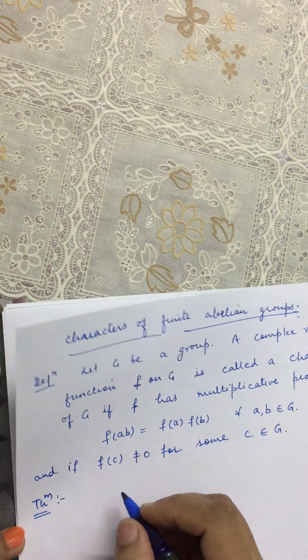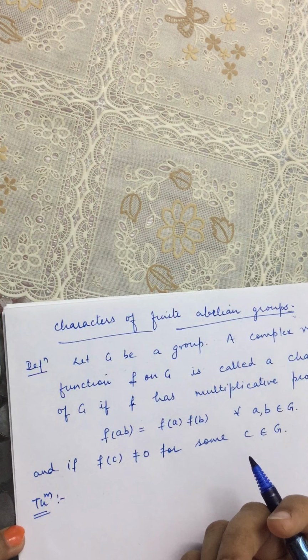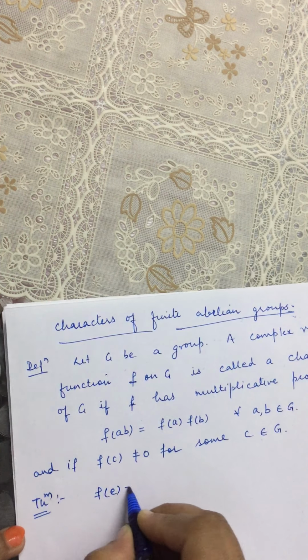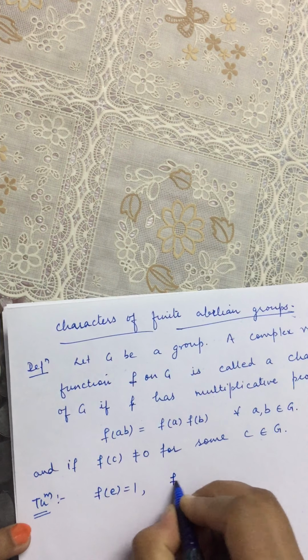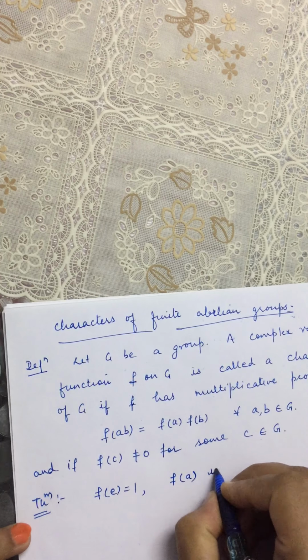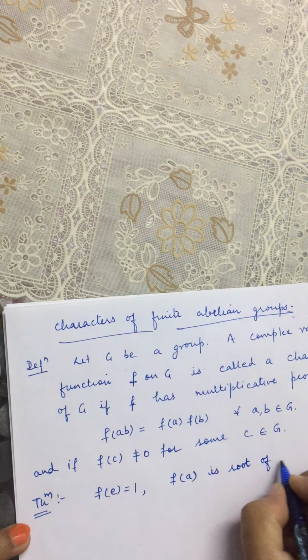So we have a theorem: if f is a character of a finite group G whose identity element is E, then f of E is 1, and for any A belonging to G, f of A is a root of unity. This is theorem 6.7.